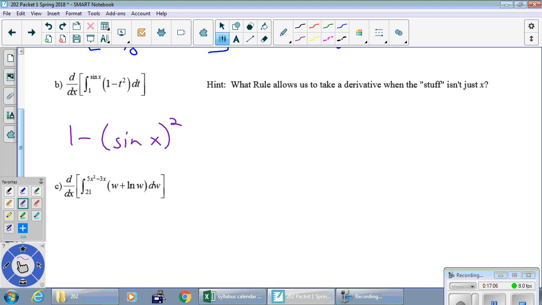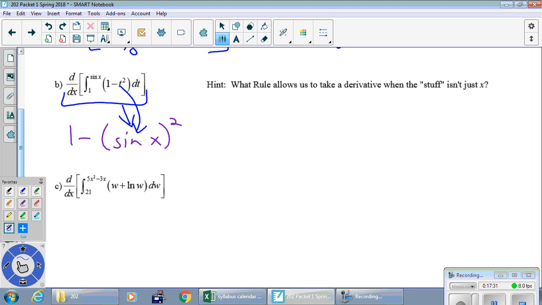But that's not the complete answer. We are doing a derivative, and we applied the rule as if the thing were x. But if the thing is any more complicated than x, then we have a rule that allows you to take a derivative when the stuff isn't just x, and that's the chain rule. And so the chain rule would say, do your normal derivative rule, which we have just done by replacing the t with sine of x, that's the stuff.